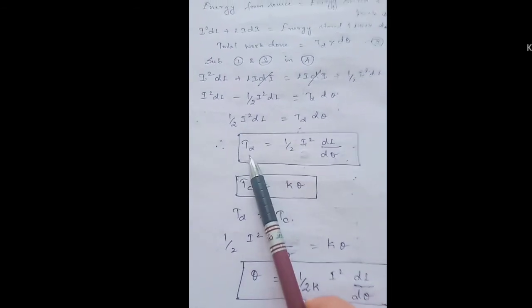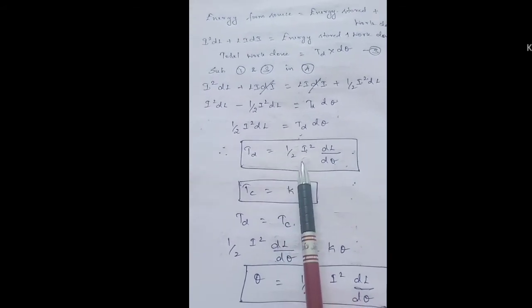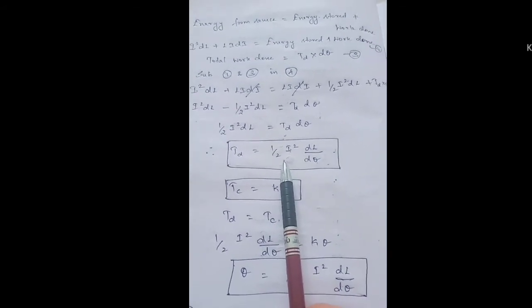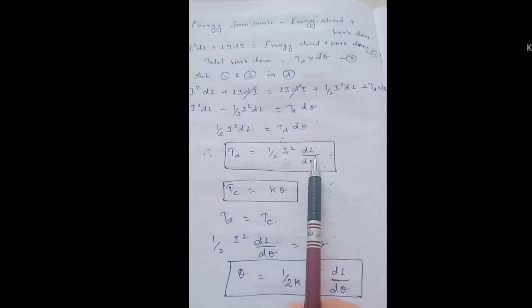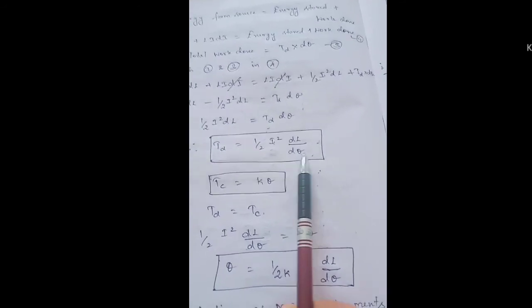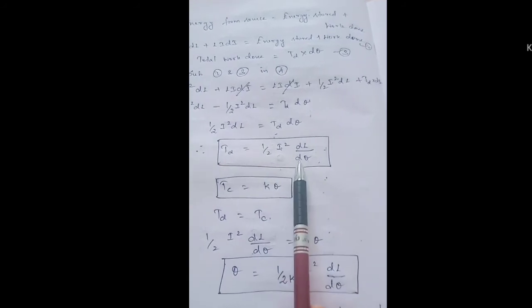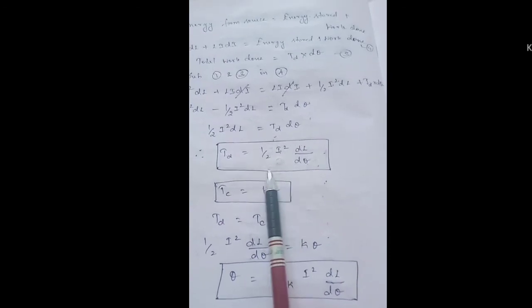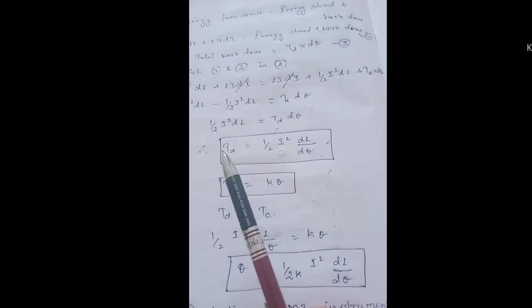So Td, the deflecting torque, is equal to 1 by 2 I², where I is the current passing through the coil, and it changes the inductance and deflection of the pointer. So the deflecting torque is equal to 1 by 2 I² dL by dθ. For any instrument, there develop three different torques: deflecting torque, controlling torque, and damping torque.